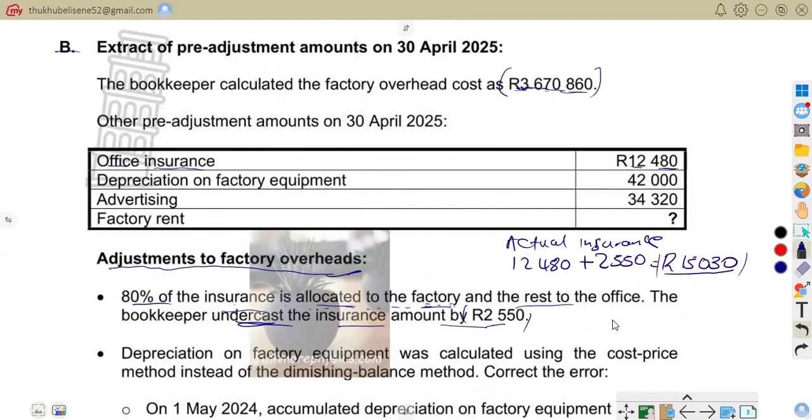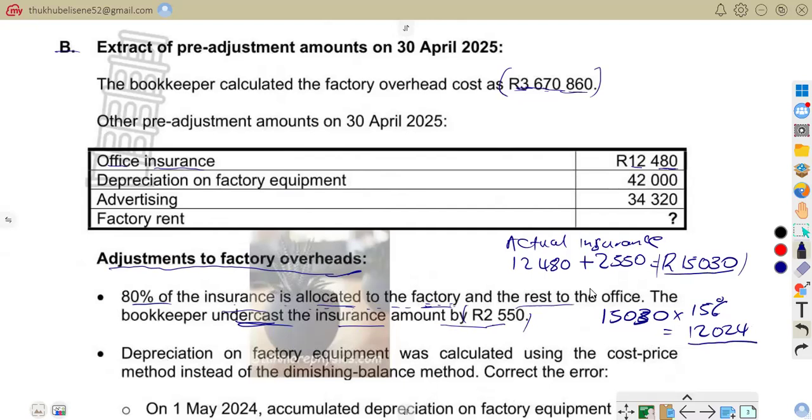Meaning we say 15,030 multiplied by 80%, which gives us 12,024. This is our factory portion, because 80% of the insurance is allocated to the factory. Hope we're together, guys.